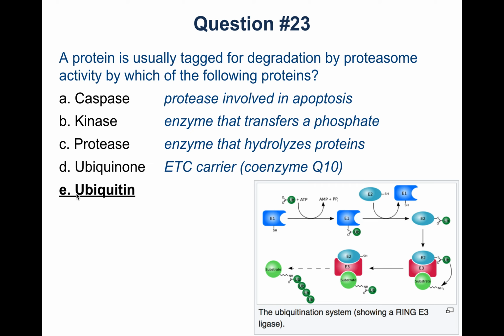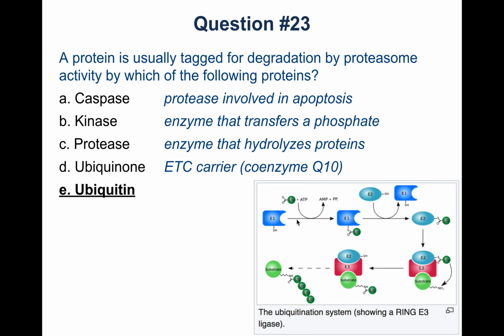So you're finally left with ubiquitin, all right? So this is called ubiquitination. What happens is, here's your substrate right here, all right? So you add these ubiquitin molecules to your substrate. You actually add a string of ubiquitin molecules.